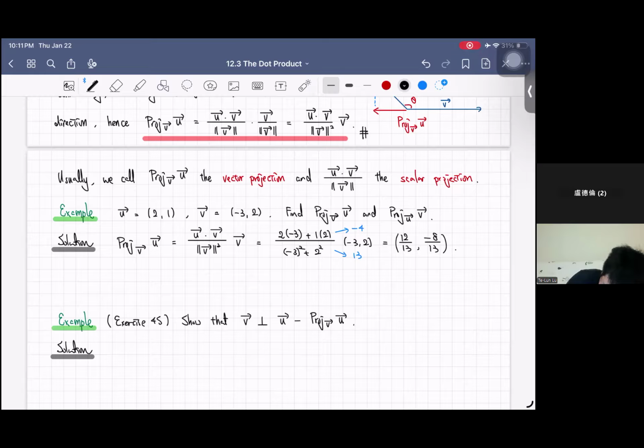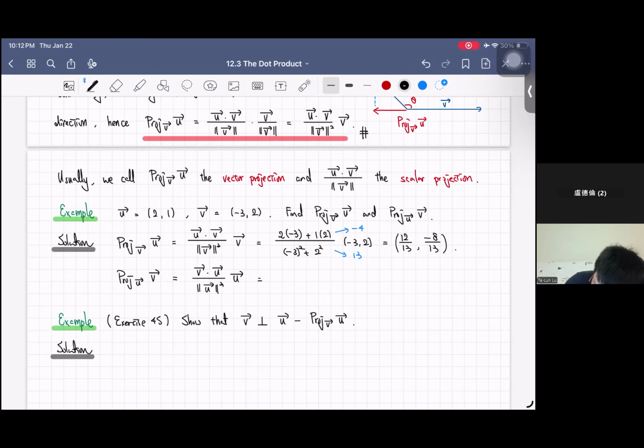Similarly, with the exact same case, you have the projection of v onto u. In fact, v dot u is equal to u dot v, so there's no point in writing it reversely, but I just want to follow the formula so you see that the notation is consistent. It will be in the direction of u.